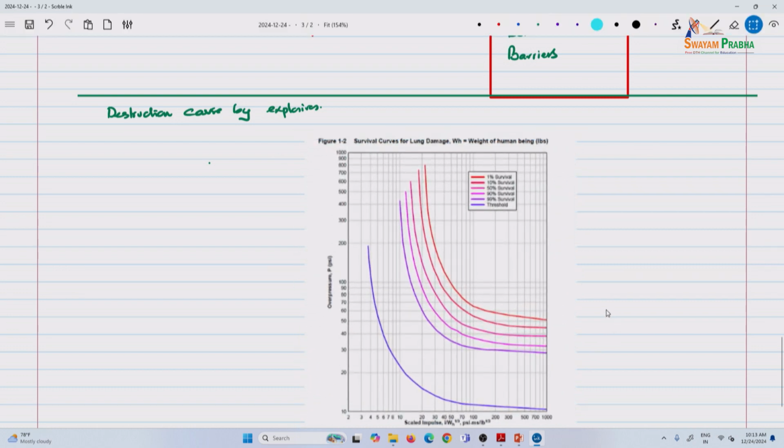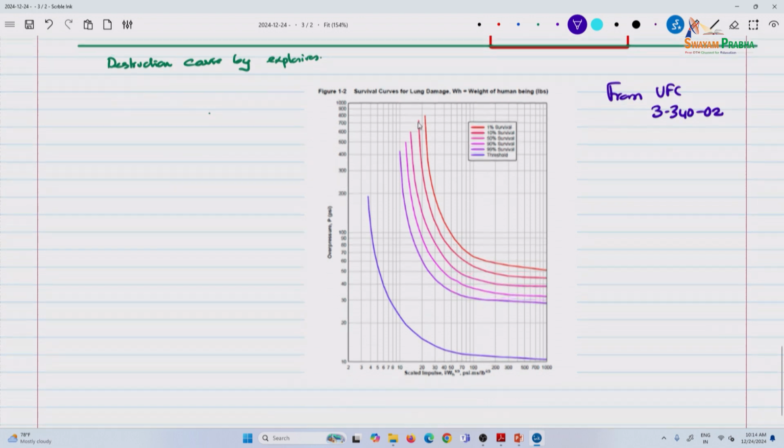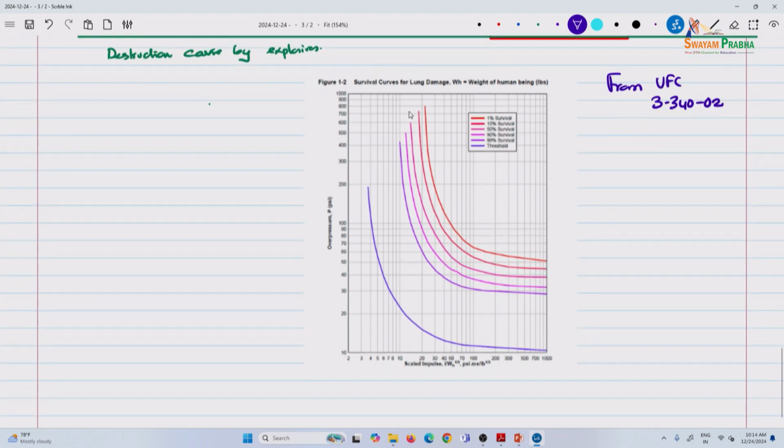What you see here is from UFC 3-340. So what you see is the survival of lung, this is for lung damage, and I'll show you for others. This is in terms of scaled impulse. I know I haven't quite introduced that term.